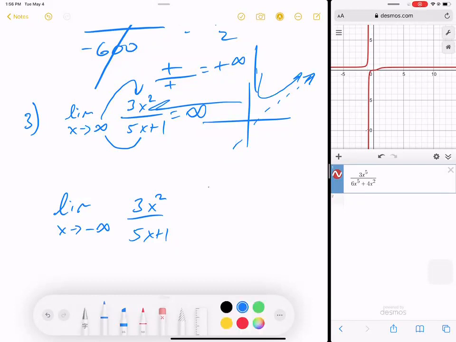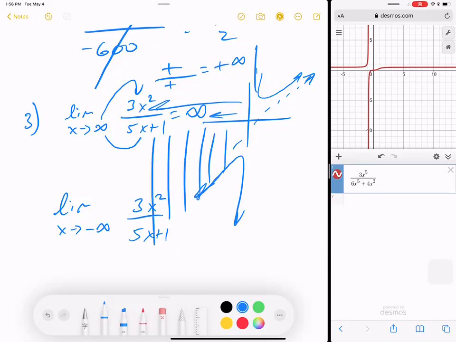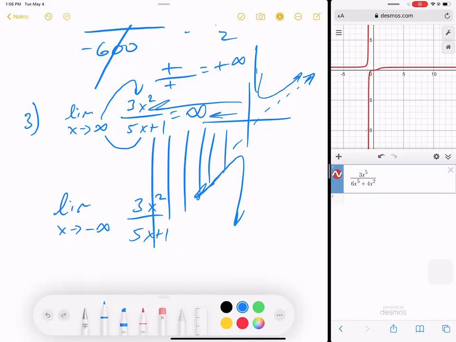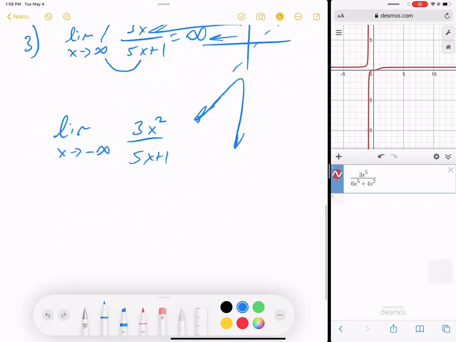As x goes toward negative infinity, look at the y value. It's getting lower, lower, lower. So my guess is it's going to be negative infinity. But is that true? Well, let's test it.